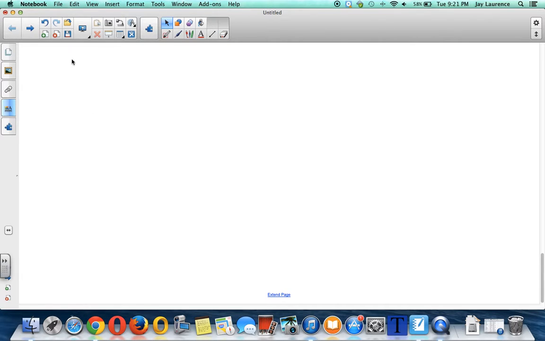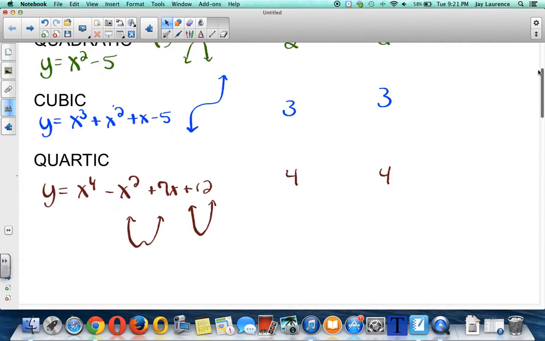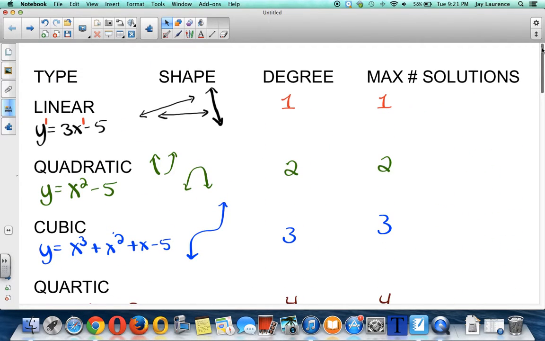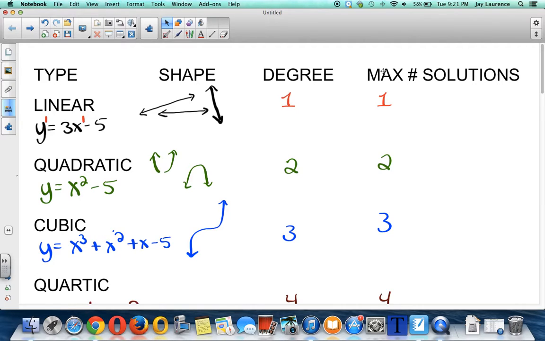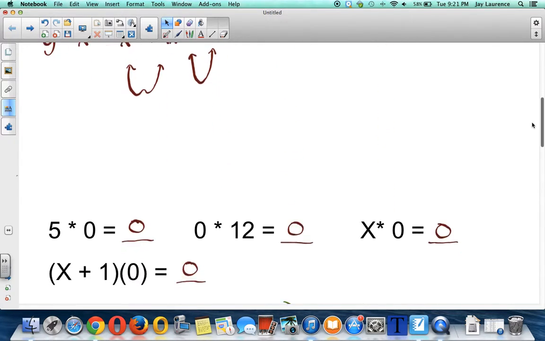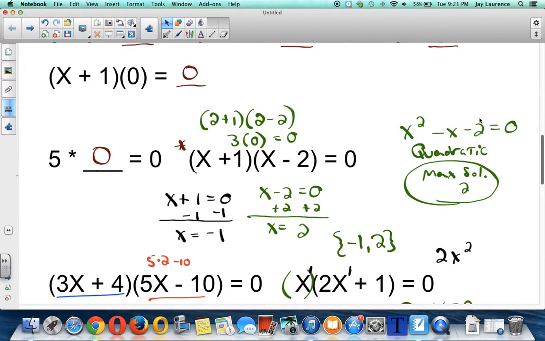Let's go back and recap really quick what we did, and then we'll get to the video quiz. All right. First of all, we noticed that the maximum number of solutions an equation has matches the degree. Second of all, we learned that to get 0, listen to this, this is very important. You might need to know it in a few minutes here.